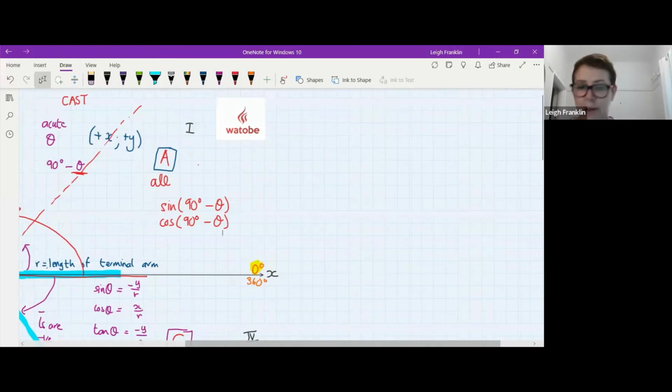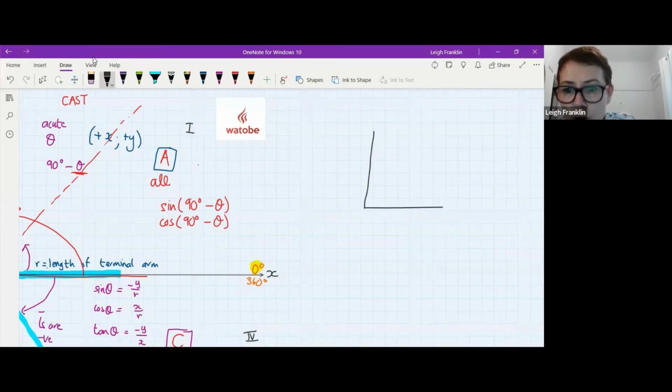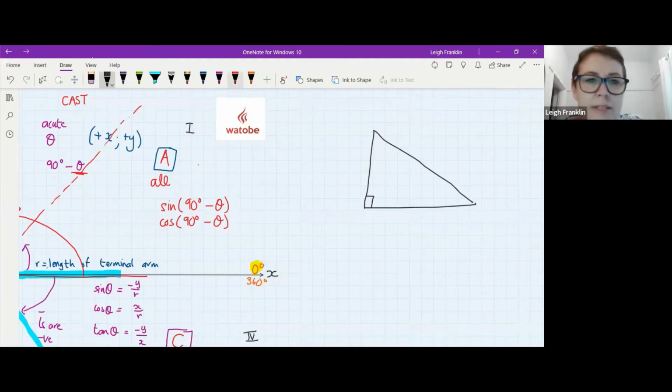Now, before I get into what that becomes, I just want to show you something else here on the side. I am going to draw a very badly drawn right-angled triangle. Now, if this angle over here, Matrix, is theta, how big is this angle over here in terms of theta? 90 minus theta.